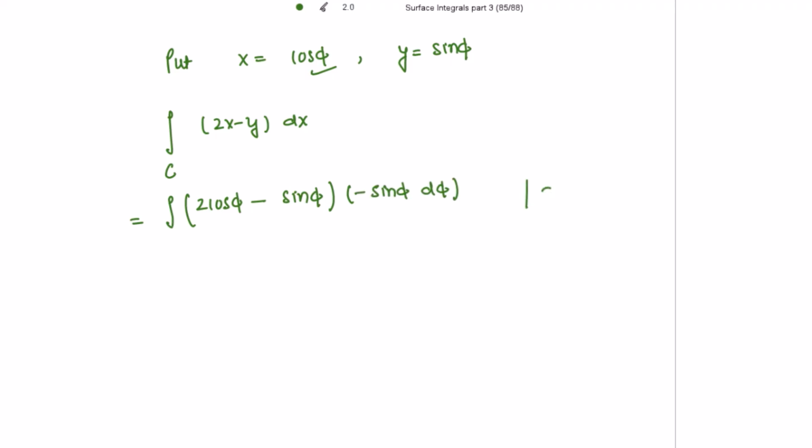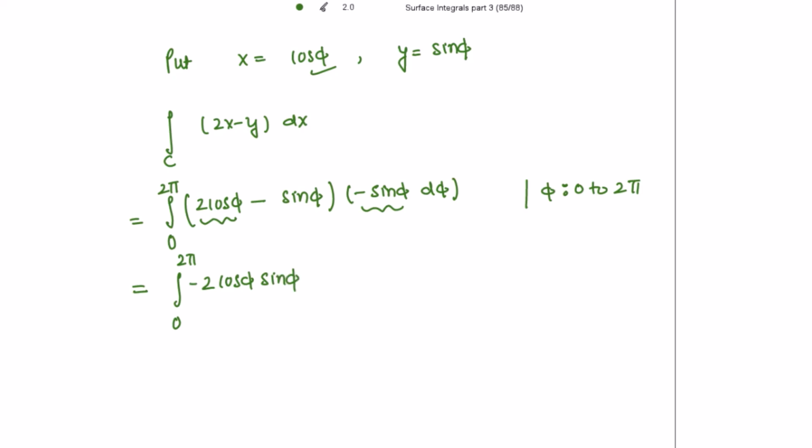And what are the limits of phi? C is your circle, so the limits are from 0 to 2 pi. Multiplying minus sine phi with 2 cos phi, this is minus 2 cos phi sine phi plus sine square phi, and then d phi.